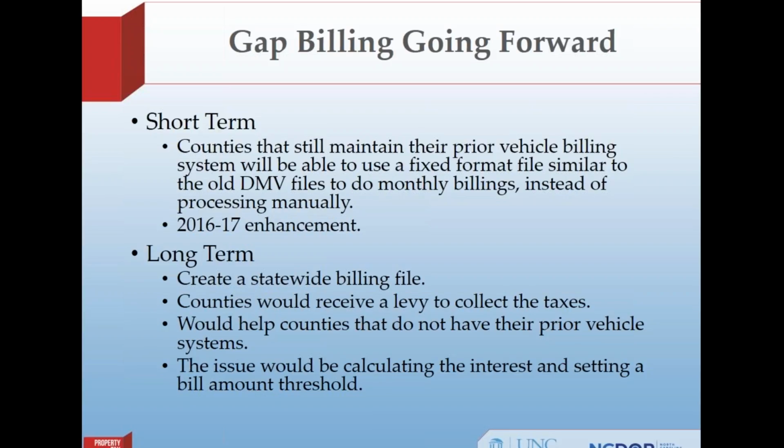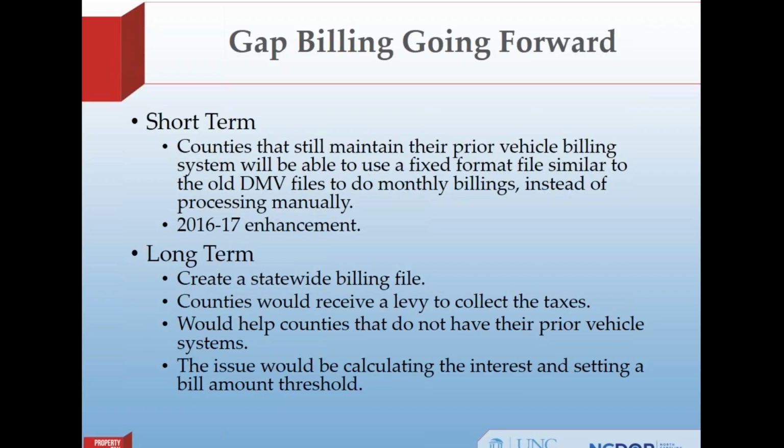And in the long term, we're thinking of doing a statewide billing. Bill it from the VTS, figure out how to collect it in the VTS. Now the DMV wouldn't collect it. They're only required to collect registered motor vehicle taxes. But figure out a way for counties to collect through an application through the VTS or through their old system.